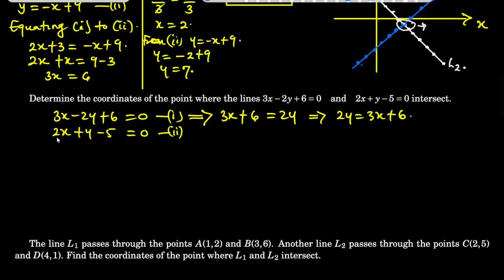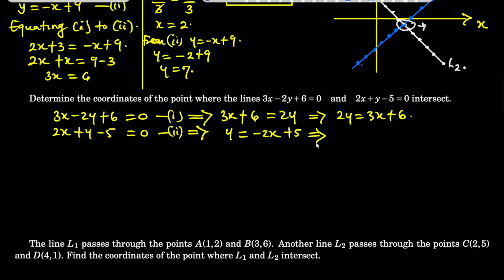For the second equation, you can decide to leave y here, since it doesn't have a minus, and take both minus 5 and 2x to the other side. When you do that, the 2x becomes negative and the minus 5 becomes positive.